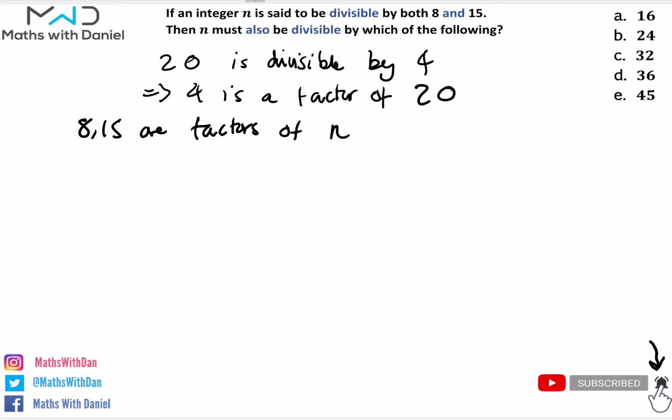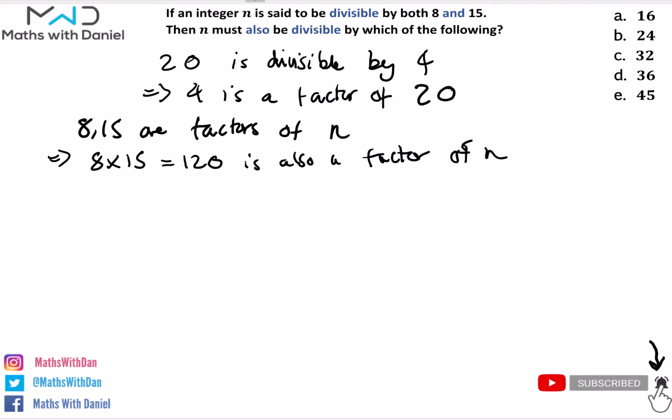So we could infer that 8 times 15, which is equal to 120, is also a factor of n. Okay. So if 120 is a factor of n, then what must also be divisible by n, given that 120 is a factor?